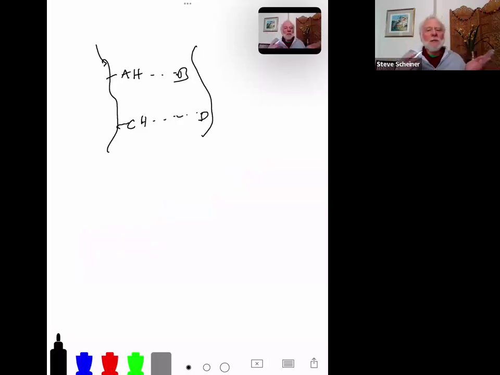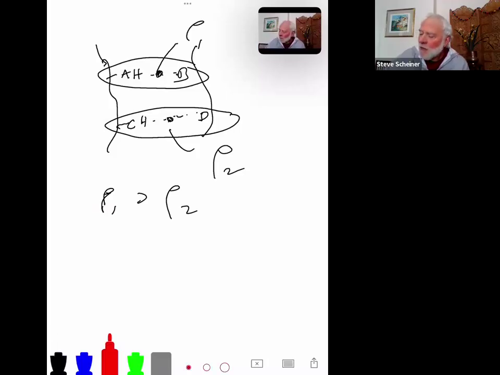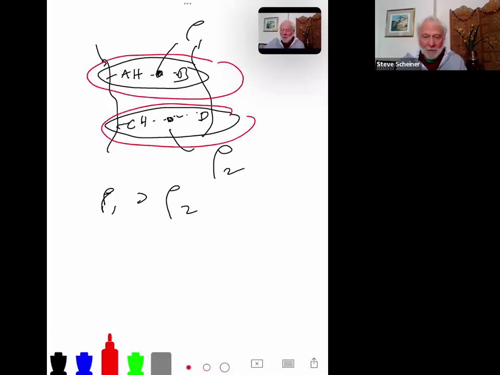But the question is, how much is due to that bond and how much is due to that bond? That's where AIM comes in, because with AIM I'll get a bond path and another bond path. They'll each have their own density. If rho 1 is much greater than rho 2, I could say most of the hydrogen bond strength comes from this bond and less from that.